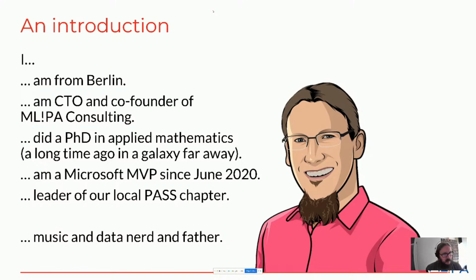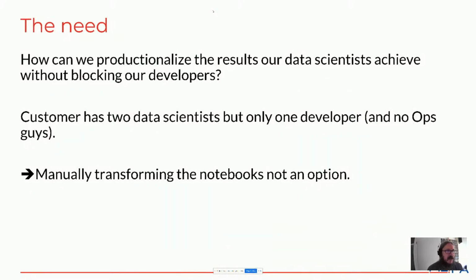So let's go on with the project. The basic question was, we have these Jupyter Notebooks that the data scientists achieved, and how can we get them to production without blocking our developers? And the trick here is that the customer has two data scientists, two people working on Jupyter Notebooks, but only one developer and no ops guy, so that has to be handled by the developer as well.